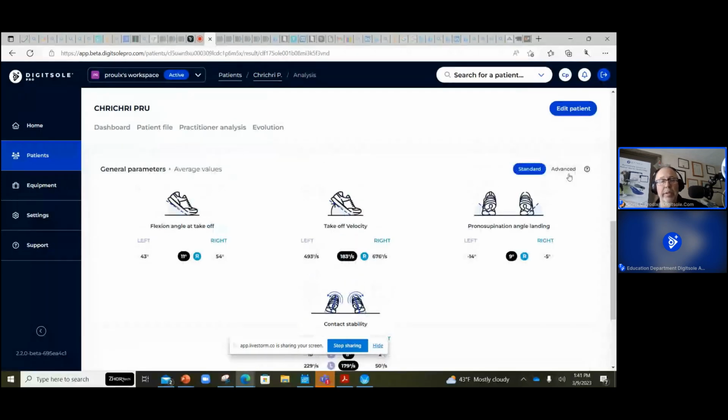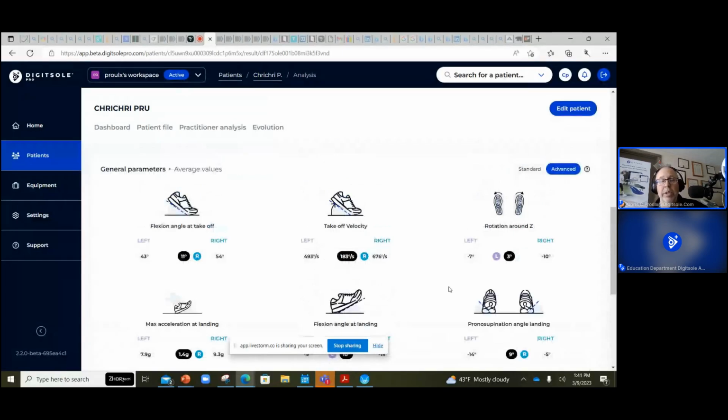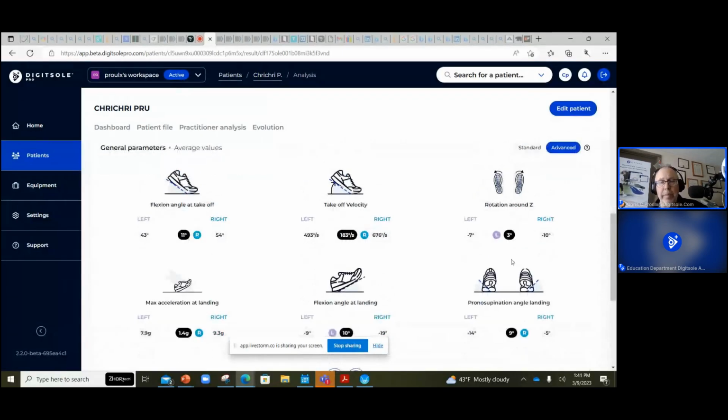Let's click on advanced here real quick. Rotation around Z-axis. We see that it's being represented by a negative angle. The negative angle actually means that they toe in slightly, okay? And that's not as good either. We don't want to see any more toeing in than typically negative 10 degrees, because now they're going to be putting a lot of varus stress on that knee.